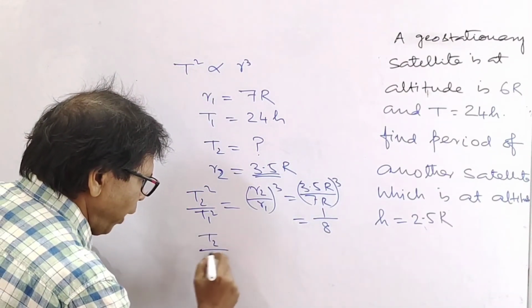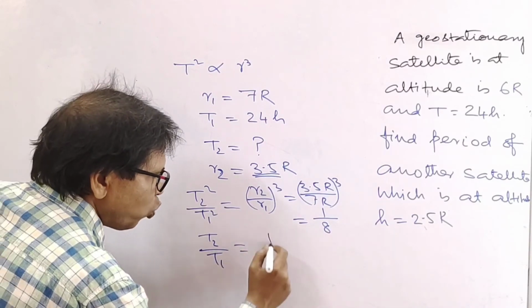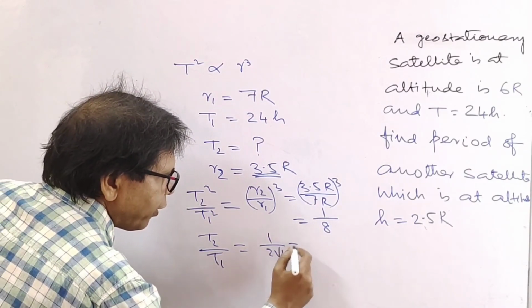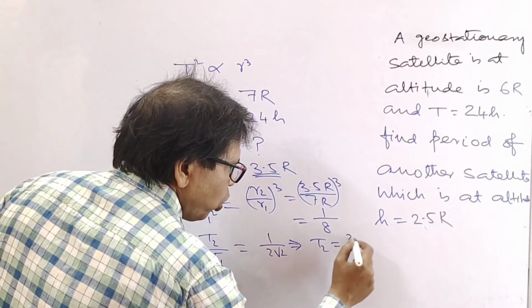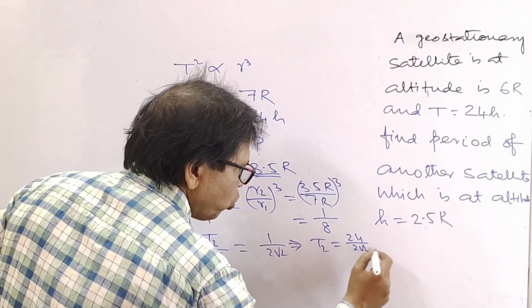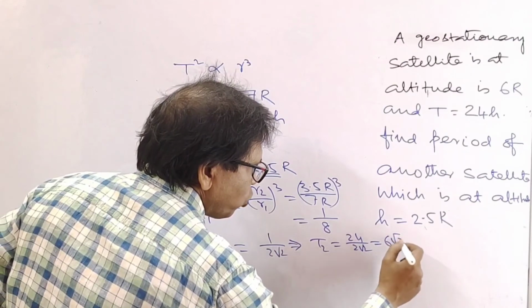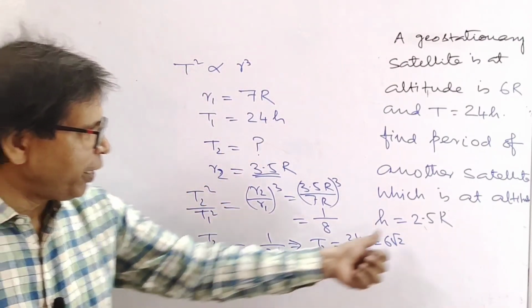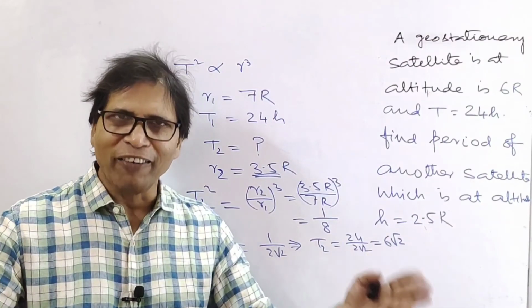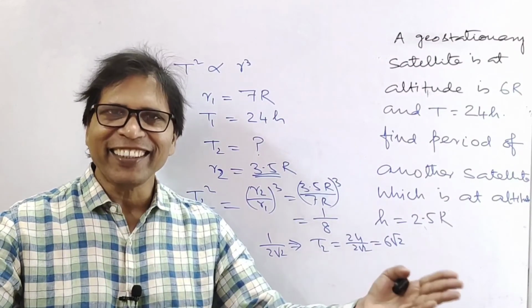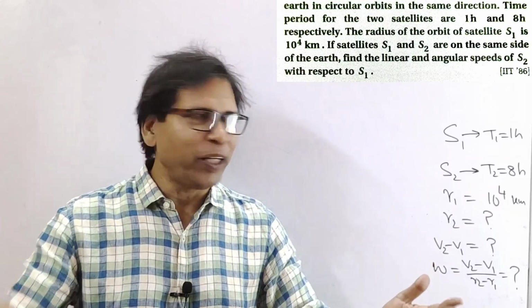Therefore T2 by T1 equals 1 by 2 root 2, that is T1 over 2 root 2. Therefore T2 equals 24 by 2 root 2, that is 6 root 2. Therefore the period of this satellite is 8.5 hours. Okay. Next. Now an important numerical.